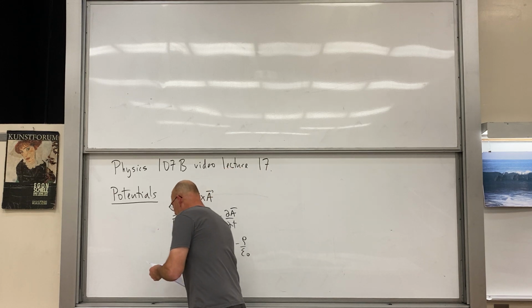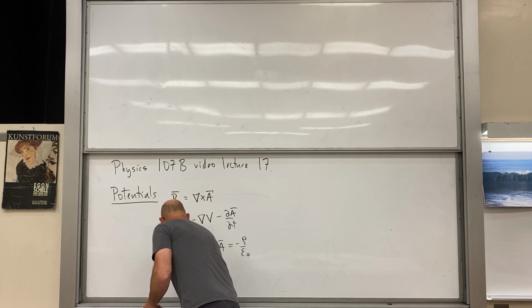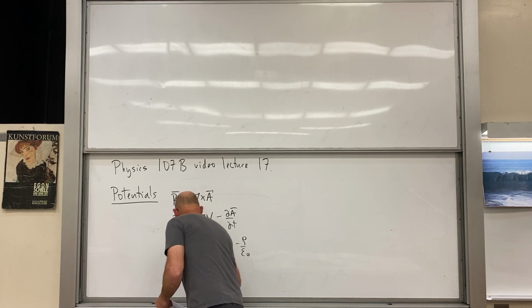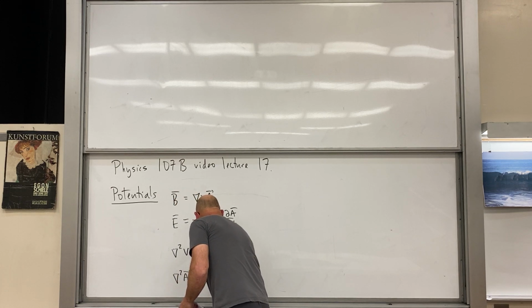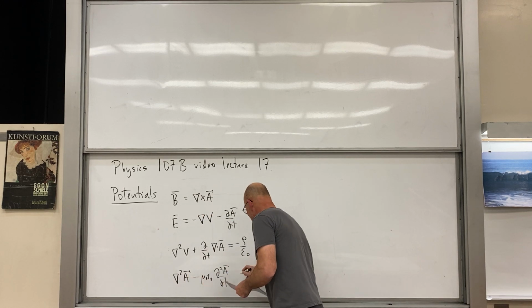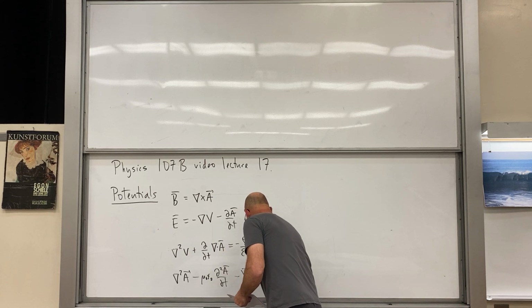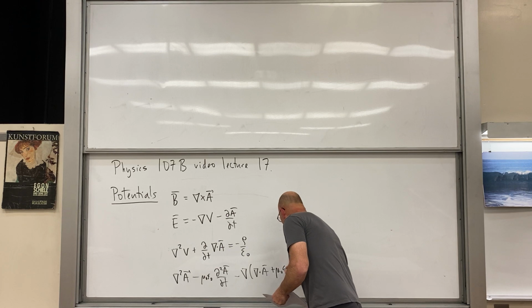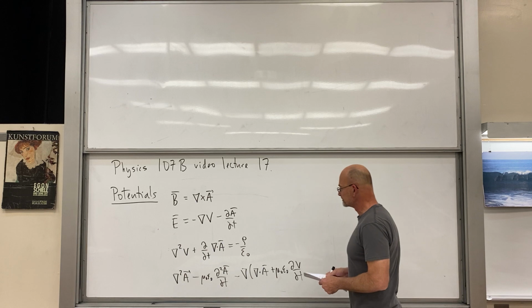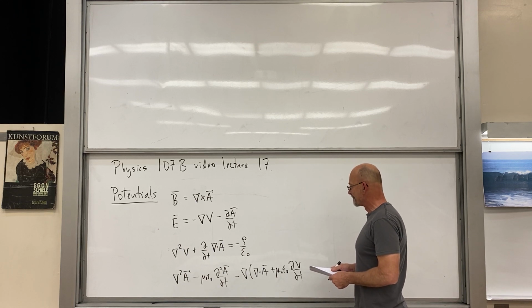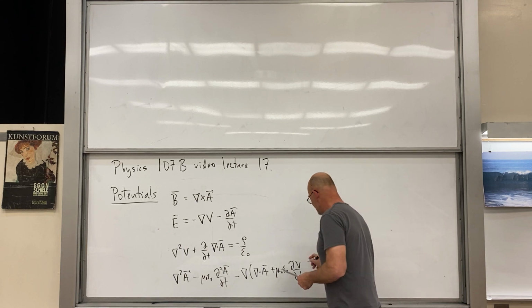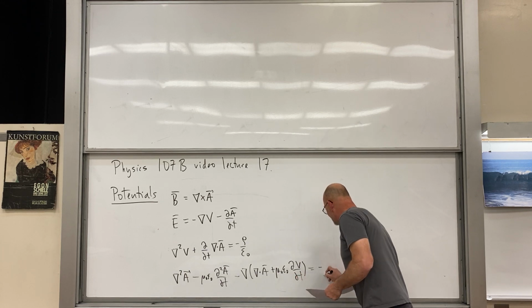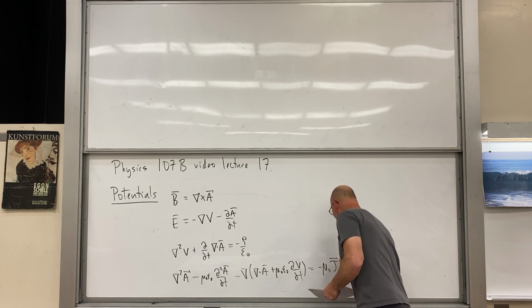And then this one, which has a wave equation look to it: del squared A minus mu naught epsilon naught times the second time derivative of A, minus the gradient of the divergence of A plus mu naught epsilon naught dV/dt, equals minus mu naught times the current density.